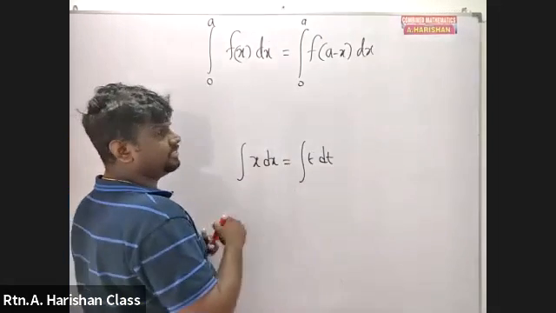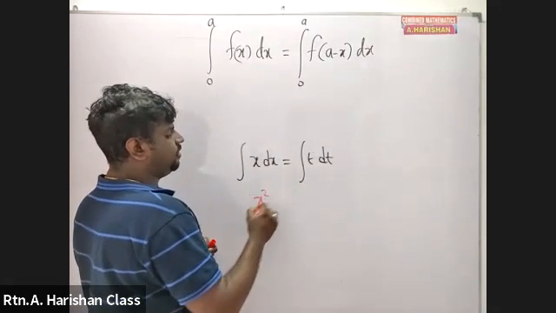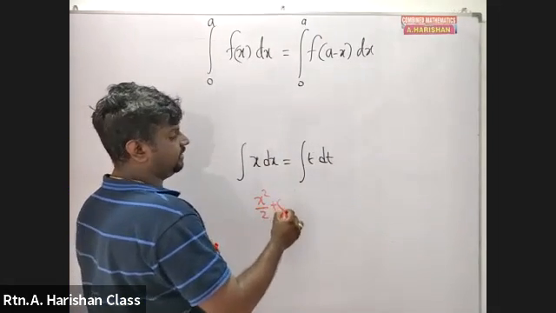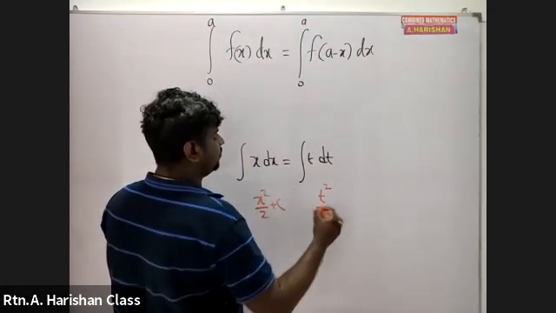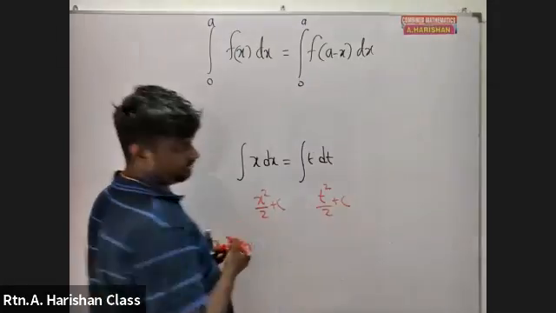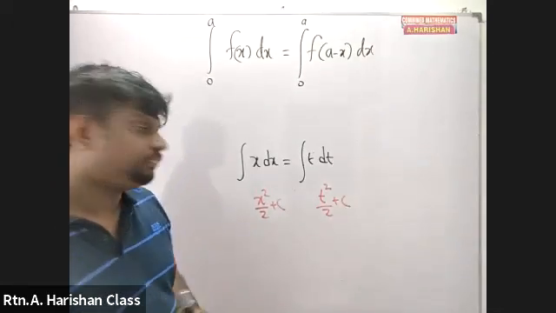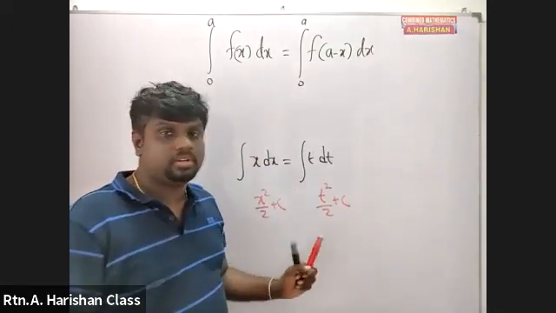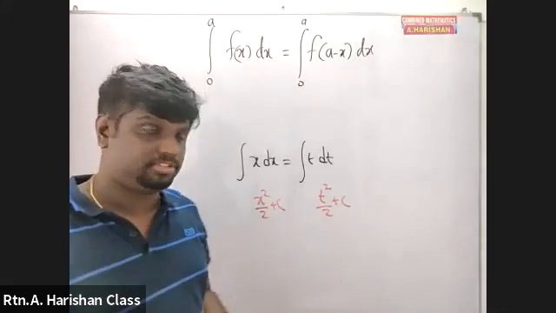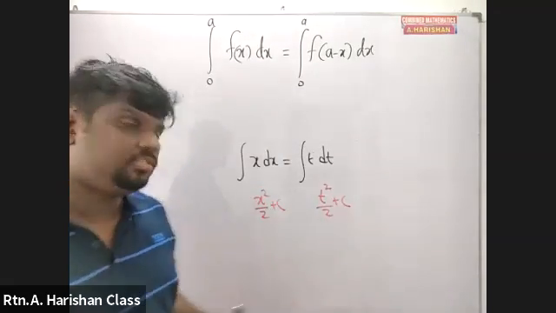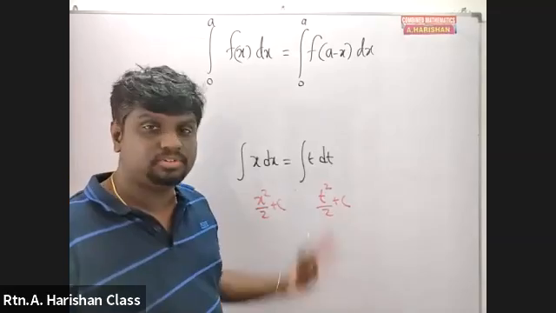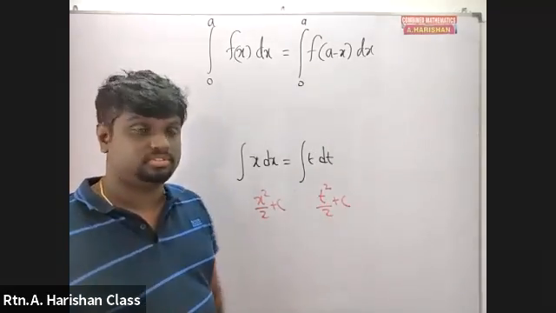No, because this is in terms of x. So we are going to have x squared by 2 plus c. This is in terms of t: t squared by 2 plus c. Is it clear? These two are not equal because they are two different expressions. So x must be equal to t, and the constant also.